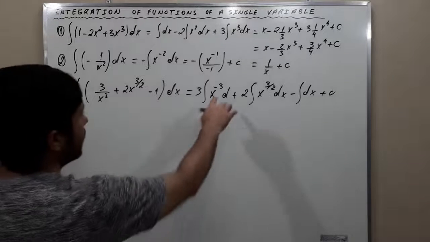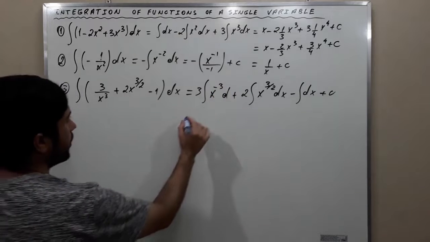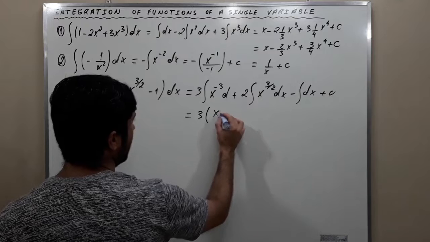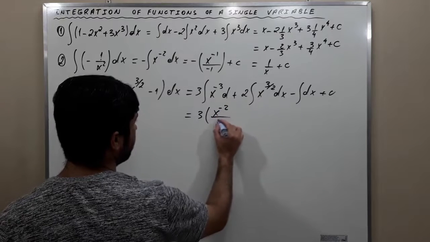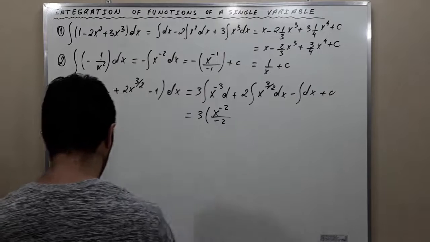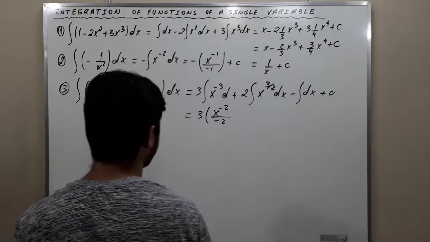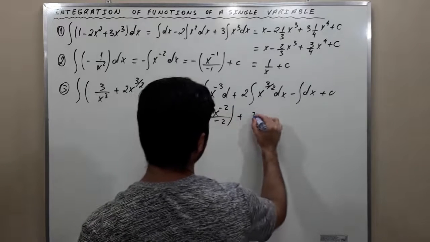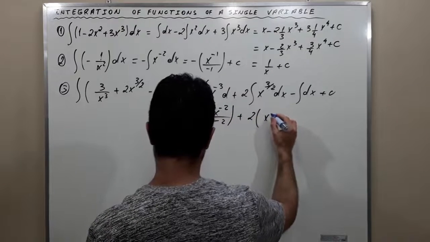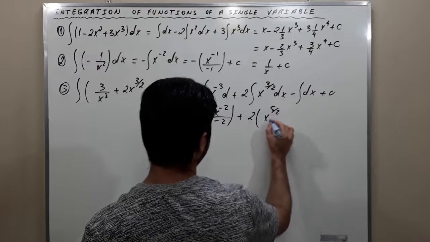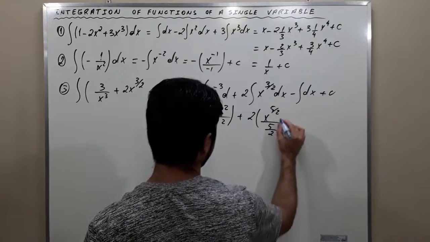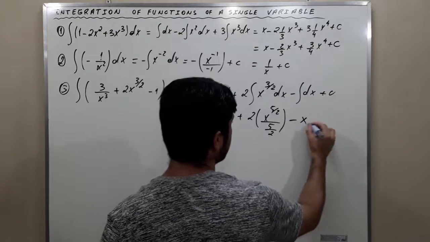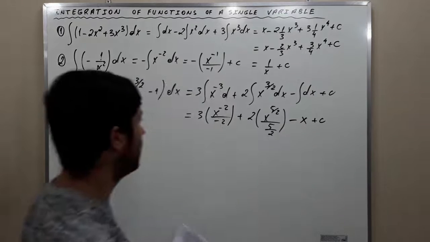And we can simply sum 1 here. It becomes 3 times x to the negative 2 divided by negative 2 plus 2 times x to 5 halves divided by 5 halves minus the integral of dx, which is x plus c.